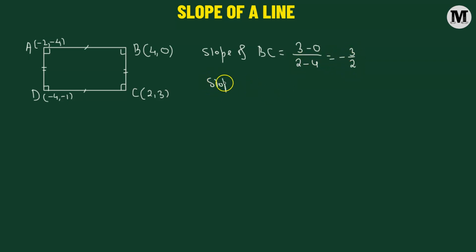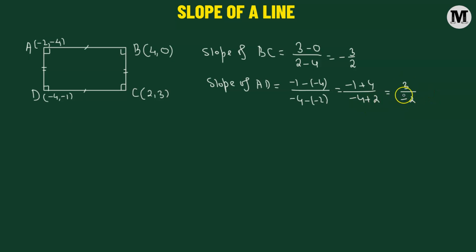Then we have the slope of side AD. That's going to be negative 1 minus negative 4, the difference of the y coordinates, divided by the difference of the x coordinates, negative 4 minus negative 2. So negative 1 plus 4, that's positive 3, divided by negative 4 plus 2, that's negative 2.